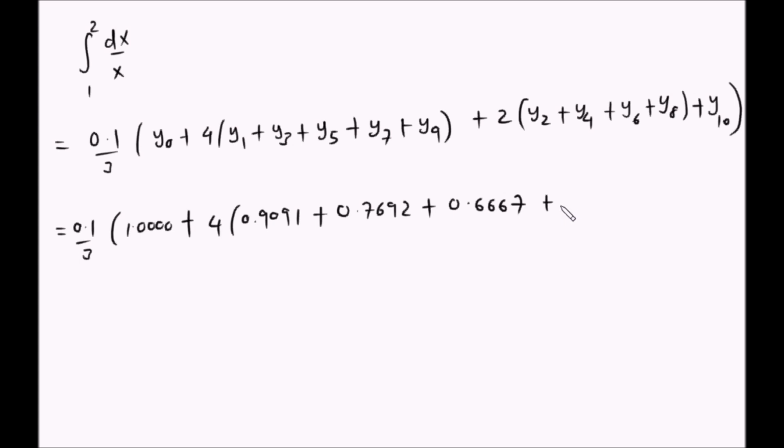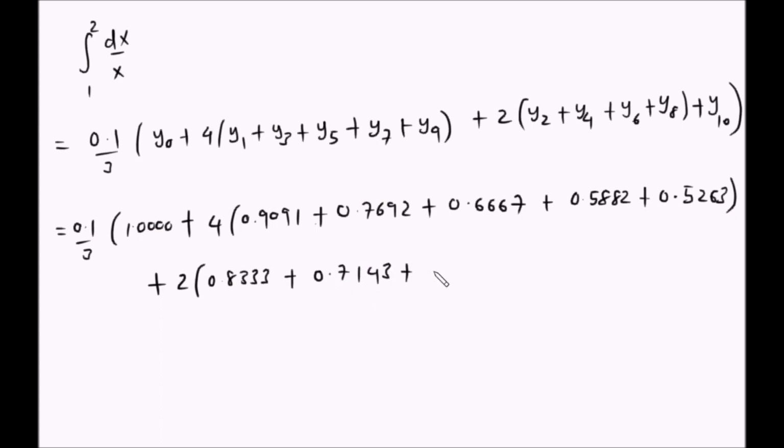And then this is y5, and then y7 is 0.5882, and then y9 is 0.5263, plus 2 times: this is y2 now, and then y4, and then y6, and then y8. So finally y10.